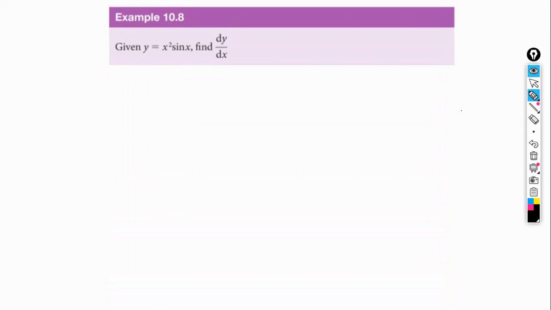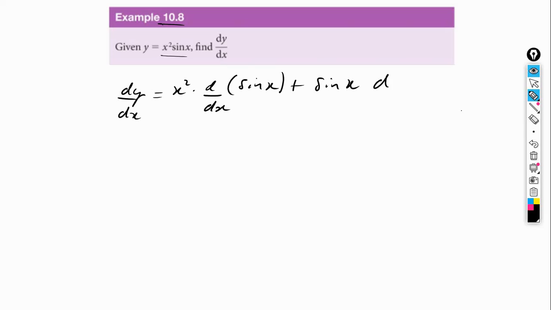So next we'll do example 10.8, and it says given y equals x squared times sine of x, find dy/dx. So dy/dx would equal x squared times the derivative of sine of x plus sine of x times the derivative of x squared.